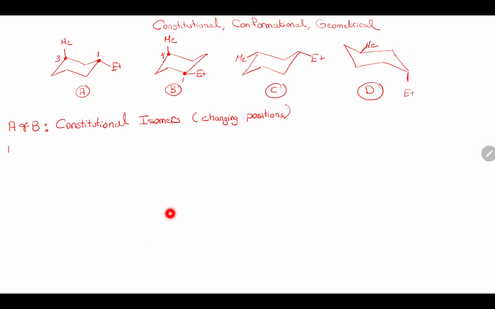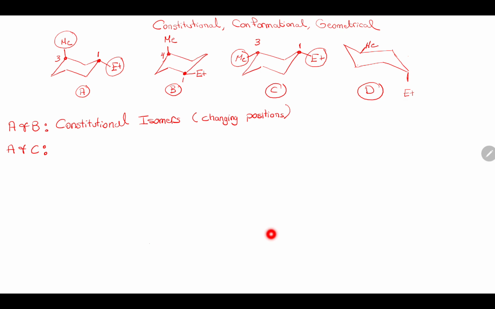If we compare now A and C, we will notice that in A and C, the branches are still at the same positions 1 and 3. However, the only change is that methyl, which was at an axial position, is now at an equatorial position, but ethyl is still at the axial position.